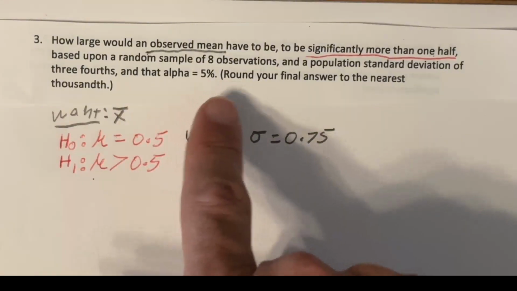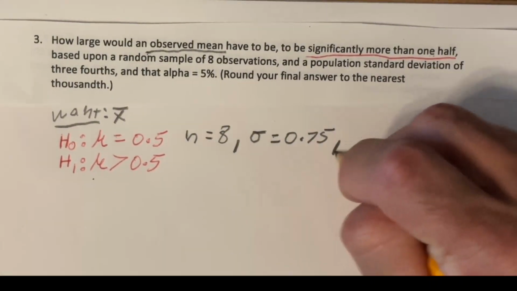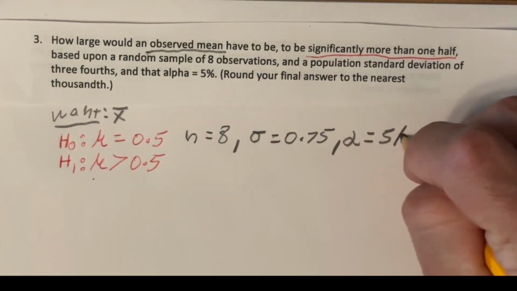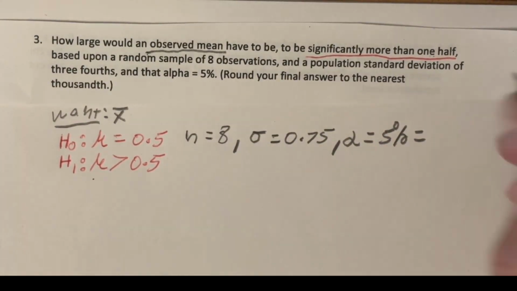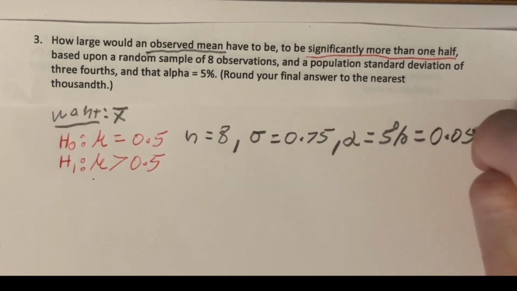And the alpha, the significance level, is 5%. So I'm going to write the Greek letter alpha equals 5%. But I'm going to also write this as a decimal, which is 0.05, because the table that we're going to use is going to look at alpha as a decimal.